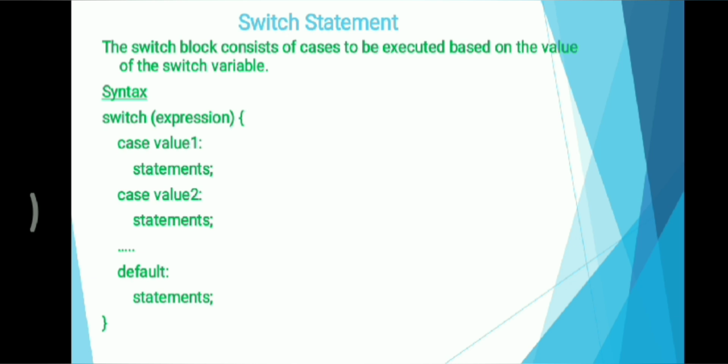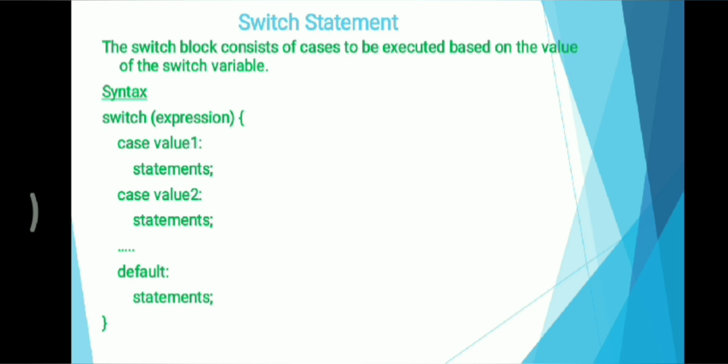So if you are giving any value in the expression, this value will be matched with all the cases in the switch. If it is matched, the corresponding case statement will work. If it is not matched with any of the cases, the control moves to the default block, and it will execute the statement. So this is the concept of the switch statement. Okay, so here switch is a keyword, it is having an expression.